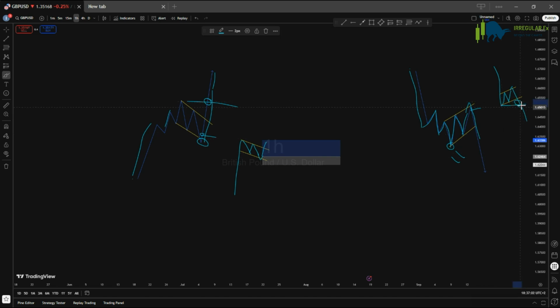So yes guys, these are our two continuation models, the bullish continuation and the bearish continuation. Like I said, this was just a demonstration. Now let's go to the chart and try to identify these patterns.